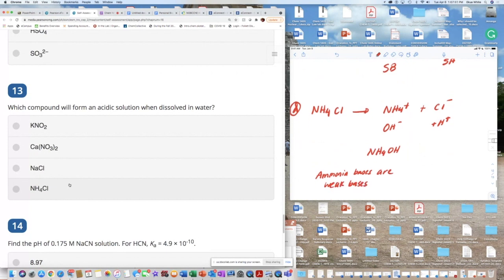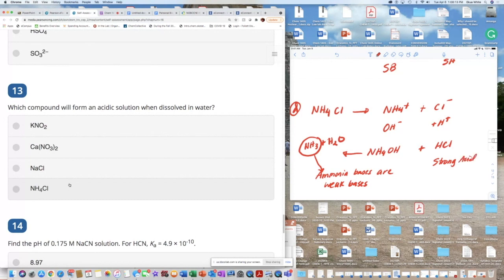Okay, and to kind of add a step further, this breaks down to form NH3 plus water, and this is the weak base they're talking about right here. So ammonia bases are weak bases. On the other hand, HCl continues to reign as a strong acid.